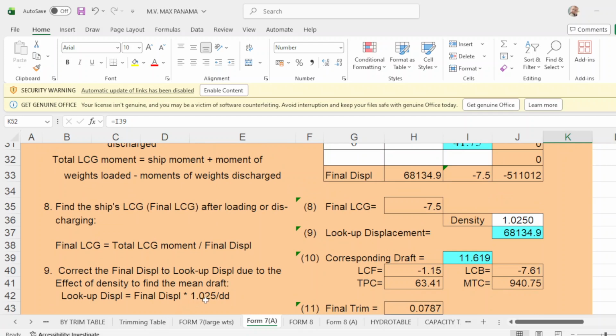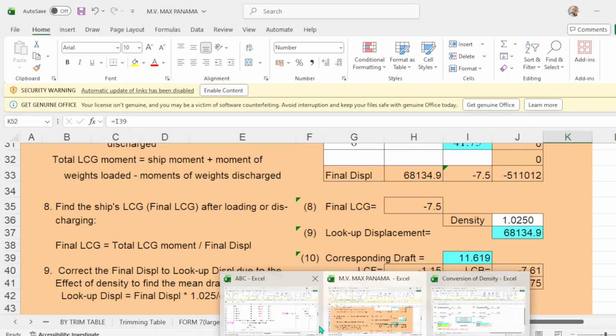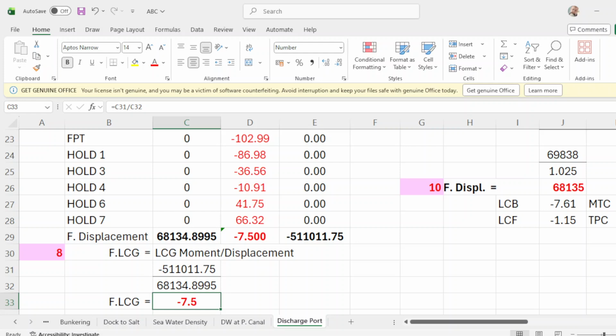Take note guys, this 1.025 is constant. So final displacement multiplied by constant of 1.025 over your dock water density. Okay, that will be number 9. So we go to number 9. We go up.